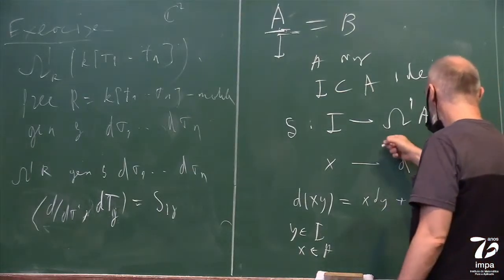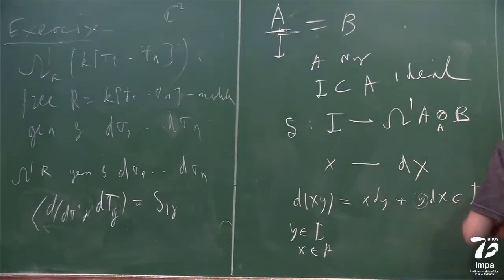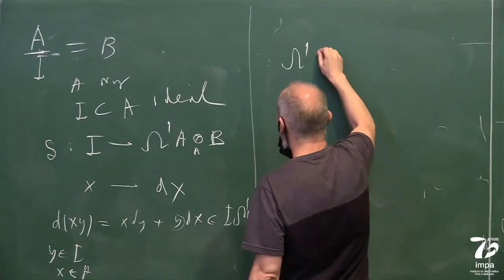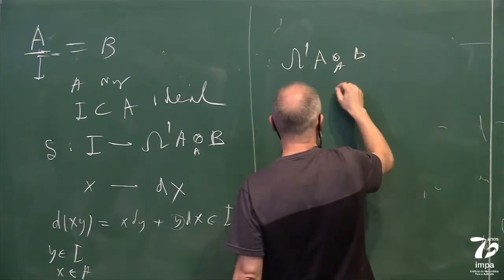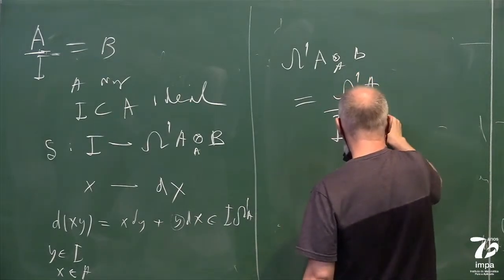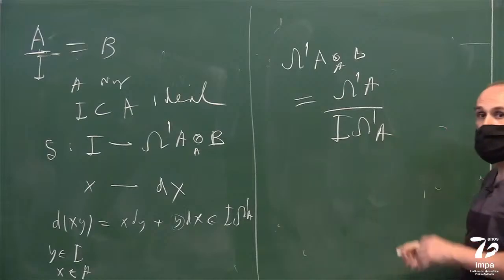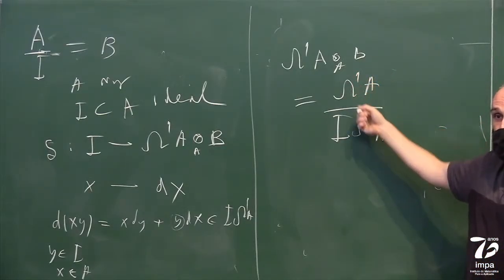But then this is a quotient, so this module, omega 1A tensored over A with B, is equal to omega 1A quotient by I omega 1A. This kind of isomorphism we have all the time, right?